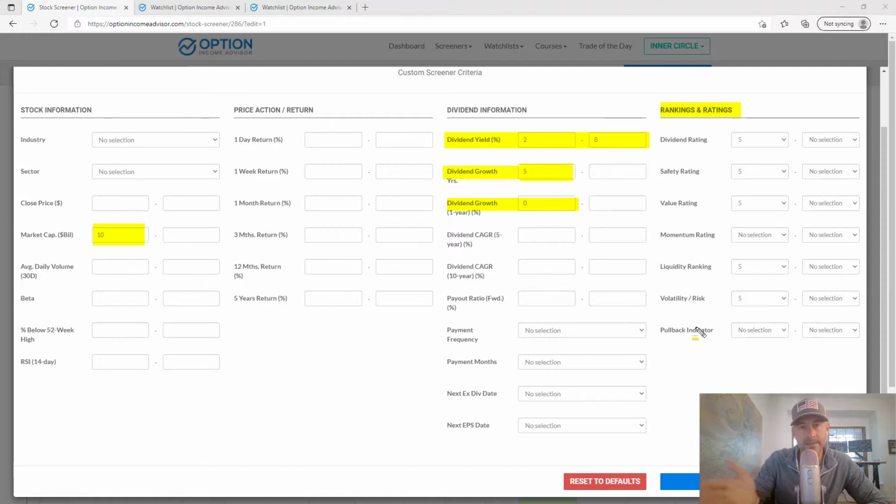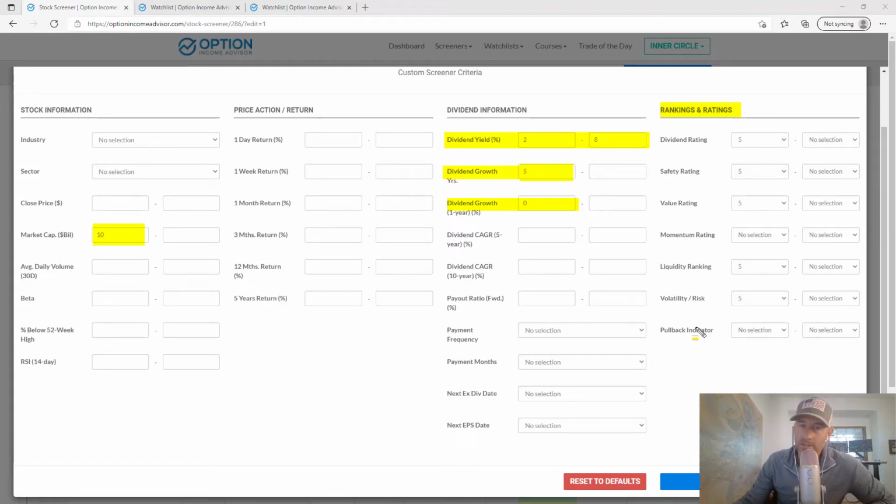So anything, say, below 5 is in the lower half of the percentile ranking, and anything above that would be in the higher percentile ranking. So a 10 would be in the top 10 percent of all stocks within that category.